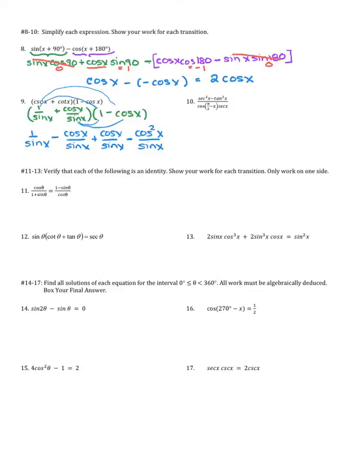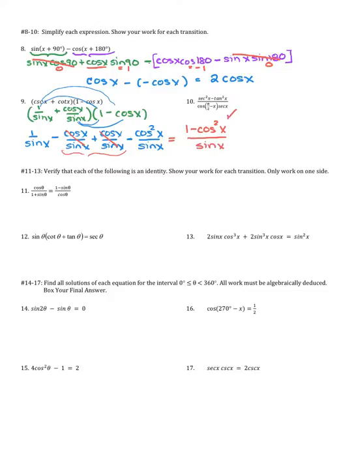So it looks like a mess, except notice these middle terms are the same with different signs, so they basically cancel each other out. So we have here 1 over sine x minus cosine squared x over sine x. We have a common denominator, so I'm going to write it all as one fraction.